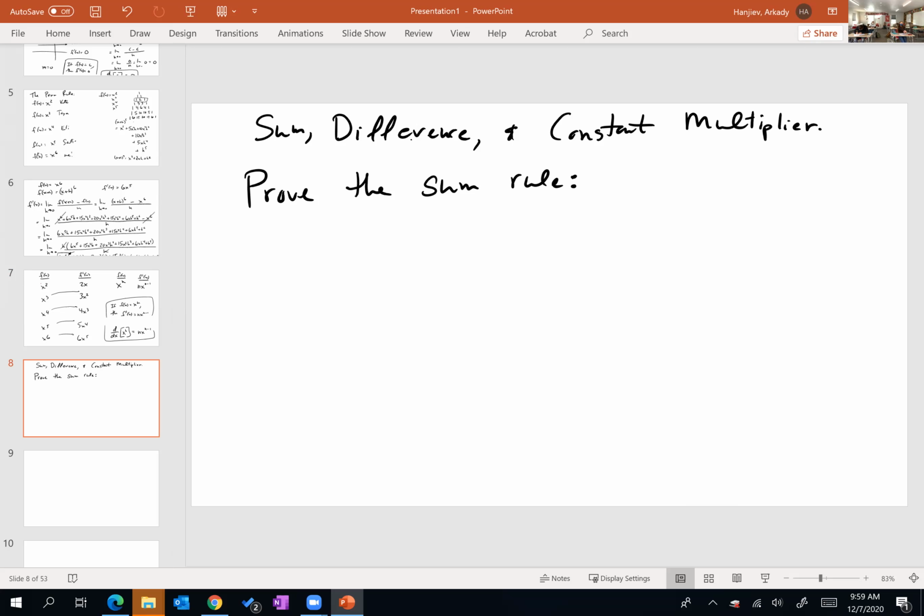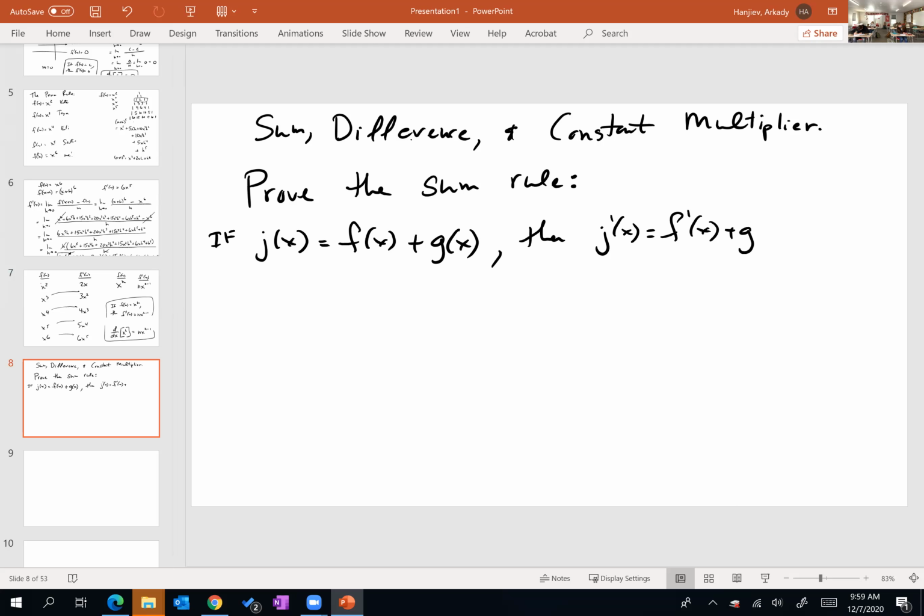They say j of x is equal to f of x plus g of x, two different functions. If this is true, then the derivative of j of x is the derivative of f plus the derivative of g.